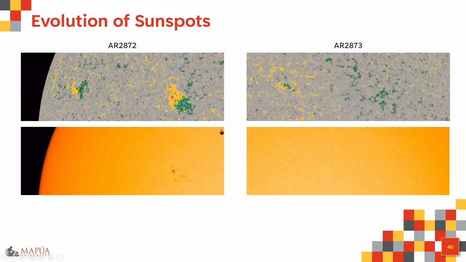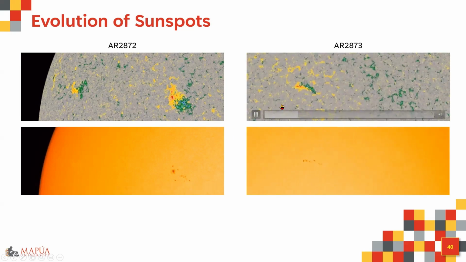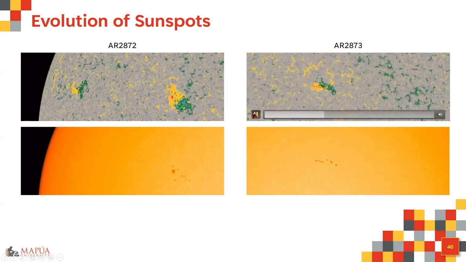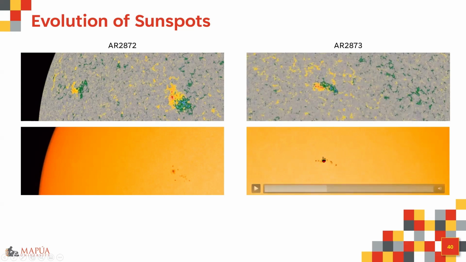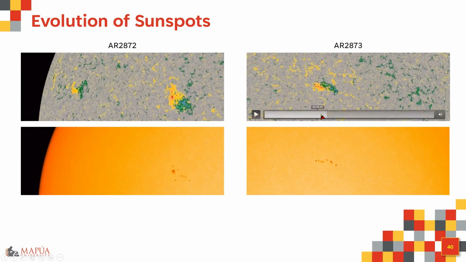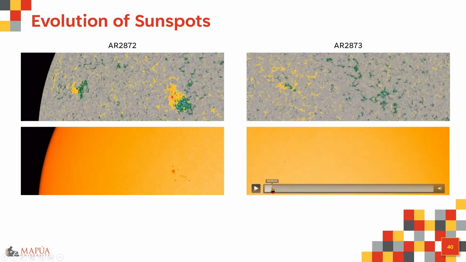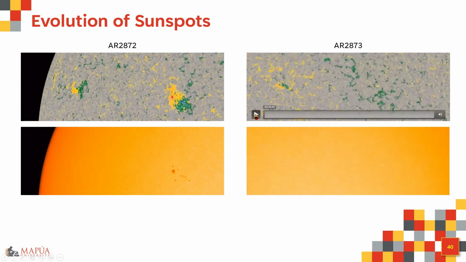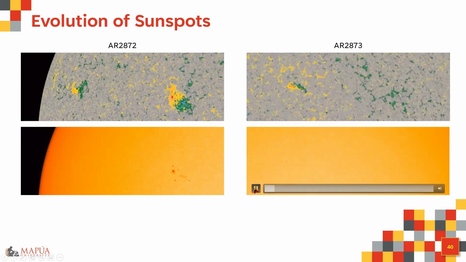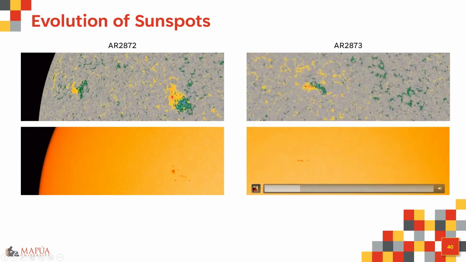And if I play this, you will see that from these two, the opposite polarities actually emerge and move to either side to become bipolar, starting with a unipolar configuration.